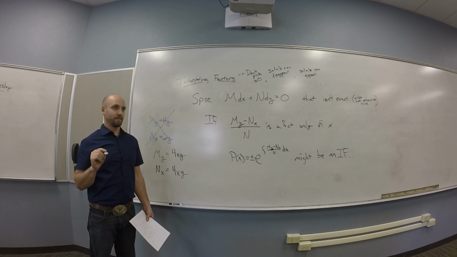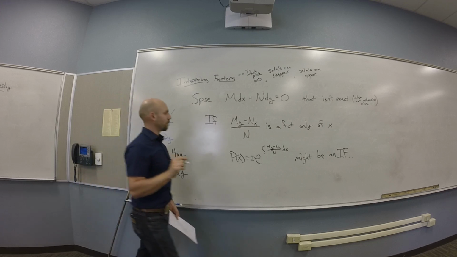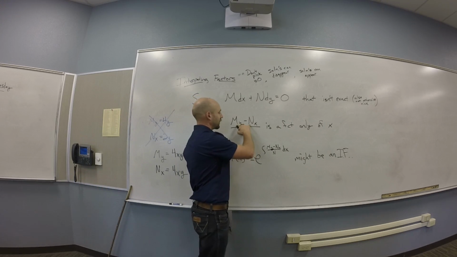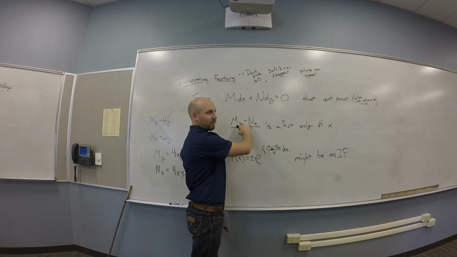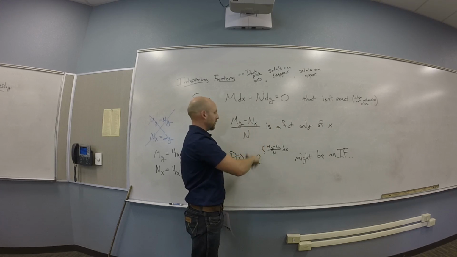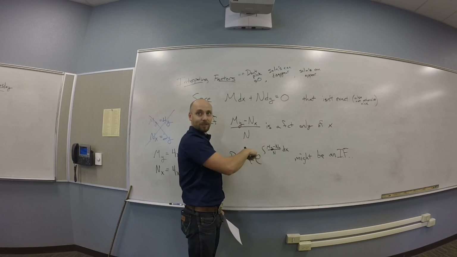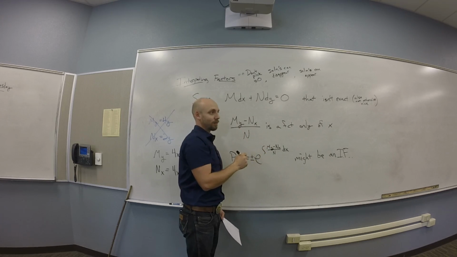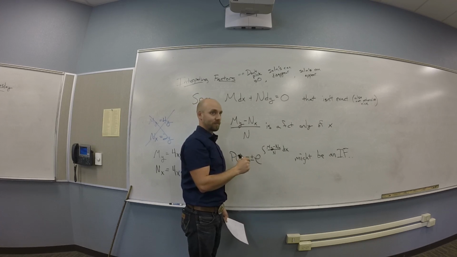You guys with me on that? So if you compute the cross partials and divide by the second function, N, and you get something that only depends on x, then if you integrate that thing with respect to x and slap it in the exponent of an e, that might be an integrating factor. Slash probably will be. Okay?